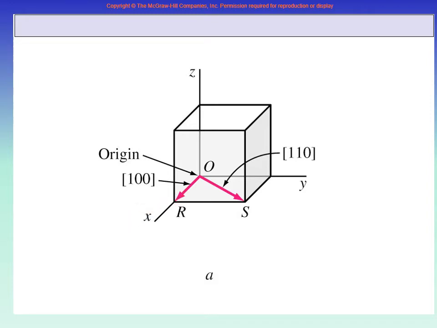So if it is those round ones which are called parentheses, and if there are commas between the x, y, z, then that 1, 0, 0 in round ones, parentheses, that is the point coordinate. But when you write it in a bracket like this, which are the rectangular ones, and you don't have any commas in between, then these are the direction indices for this direction. This direction is from the origin to this point, this direction with an arrow, a direction.